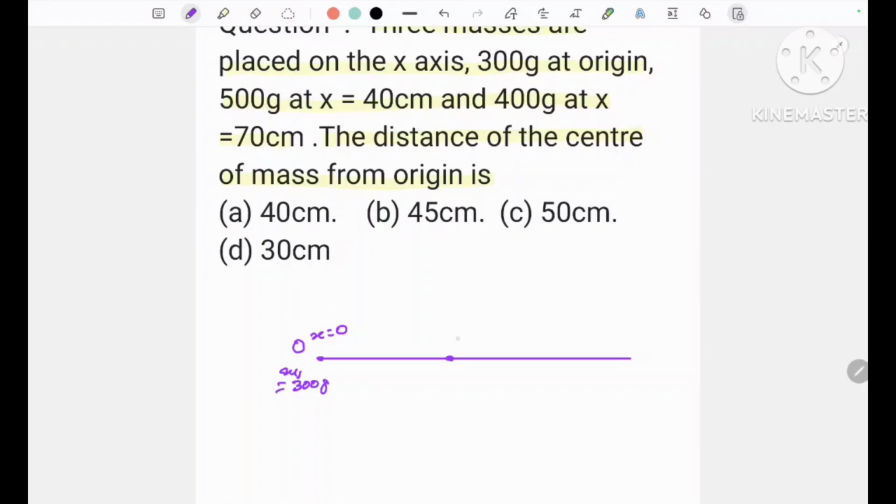Let us call this x1. x2 is 40 centimeter and mass is m2, 500 gram. Next, x3 is 70 centimeter and mass is m3, 400 gram.